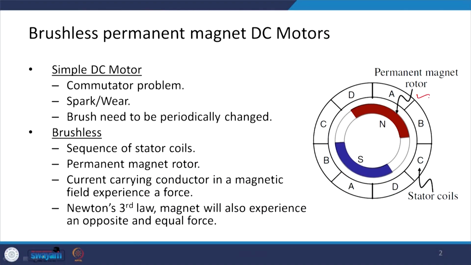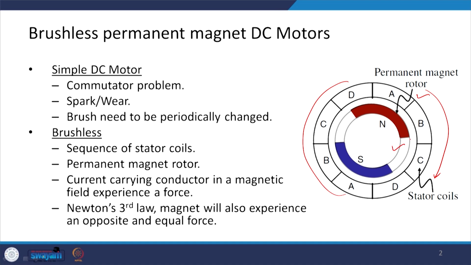So, people thought about a motor which is the brushless permanent magnet DC motor. In this case, there is a sequence of stator coils, A, B, C, D, and then again A, B, C, D, and there is a permanent magnet rotor.